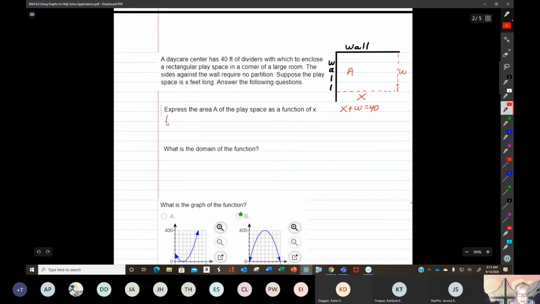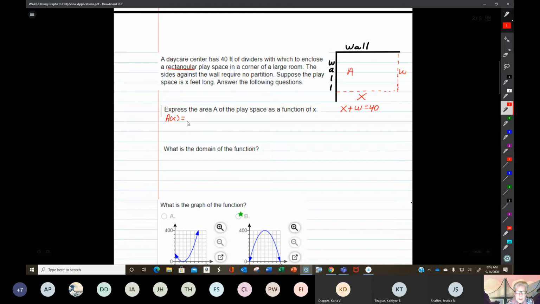Well, the area is going to equal, because it's a rectangle, at least I'm assuming it's a rectangle. We don't know that. Yeah, we do. It said rectangular. Never mind.